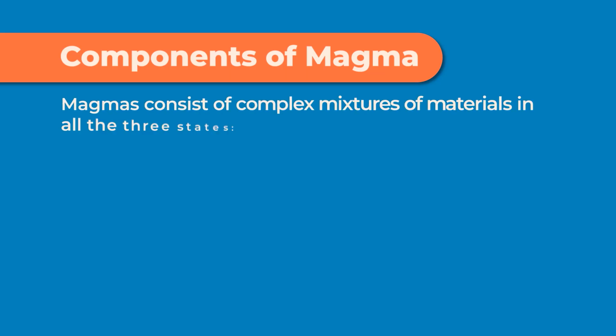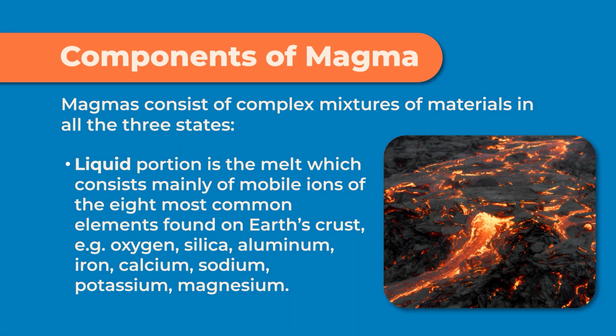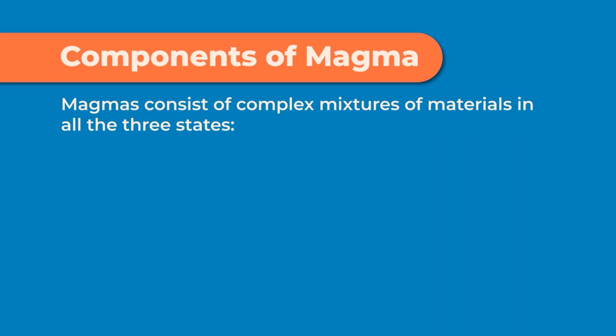Components of magma, as I told you earlier, magma consists of three states. Liquid magma consists of a mixture of materials in all three states: liquid, solid and gas. The liquid portion is the melt, which consists mainly of mobile ions of 8 most common elements found on the earth: oxygen, silica, aluminum, iron, calcium, sodium, potassium, magnesium.